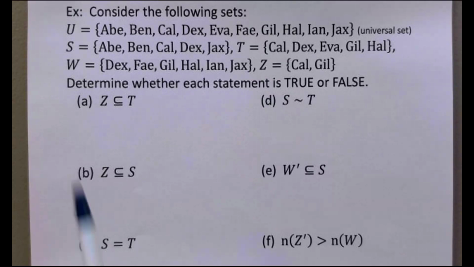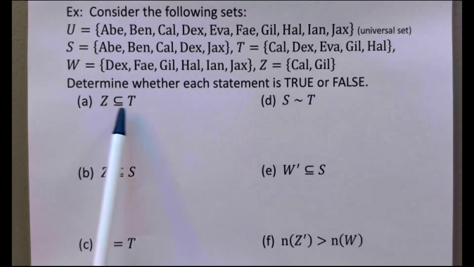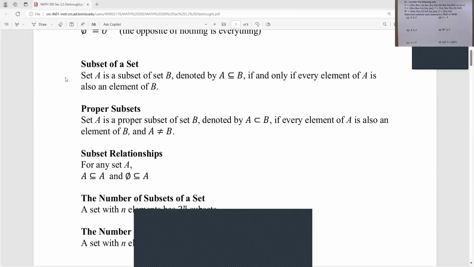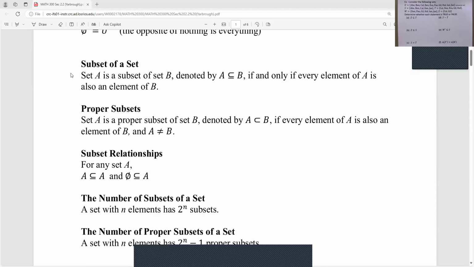Part A says Z is a subset of T. Do we think that's true or do we think that's false? To remind ourselves what subset means, here was the definition of subset right here.